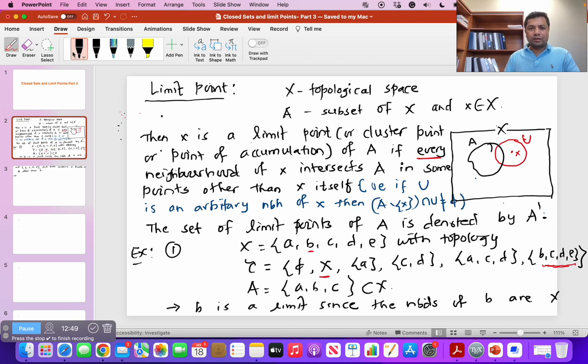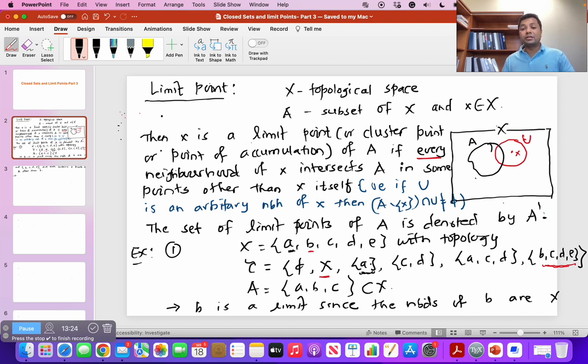Now let's see whether the first guy, A, is a limit point or not. The neighborhoods of A are X, and obviously X intersects A at B and C, so that's fine. The other neighborhood is this singleton set {a}. So we are investigating whether this lowercase a is a limit point or not. Since this singleton set is a neighborhood of a, if you take its intersection with the set A, the intersection is simply the point a.